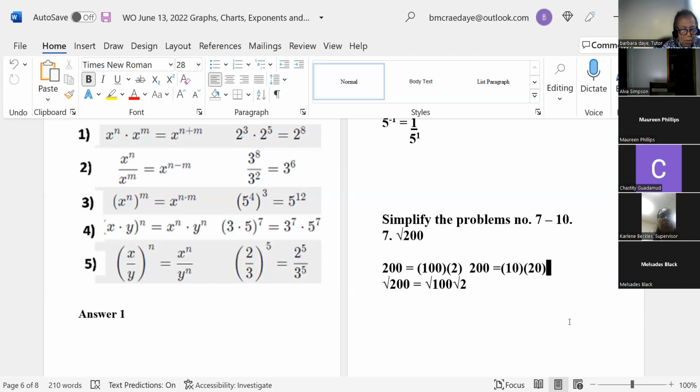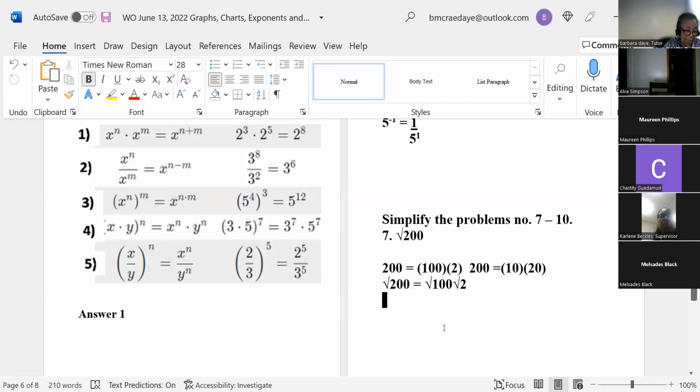Okay, got you. So it has to be multiplied by itself. I worked it down from 200, made it 100, all the way down to 10 and 20. What's the square root of 100, Mercedes? 10, because 10 times 10 is 100.